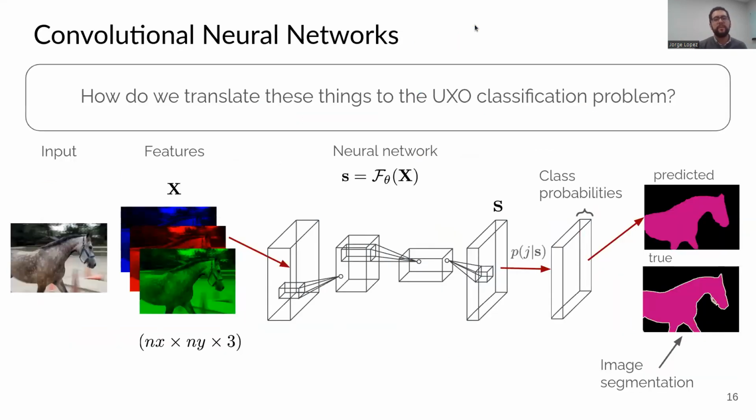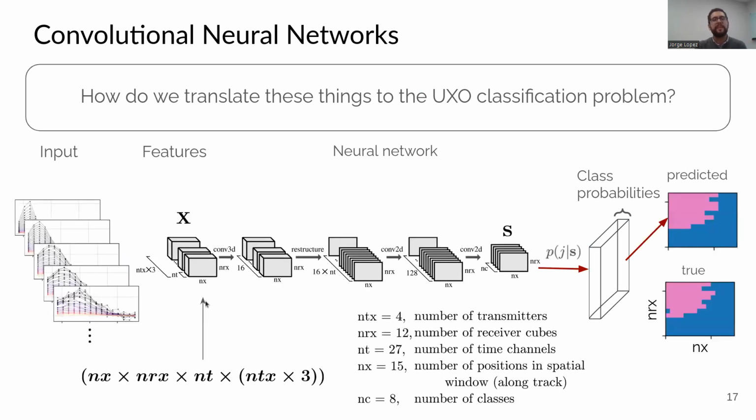And now we come back to the setup of the CNNs. How do we translate this data? How do we create the input of the CNN for this kind of electromagnetic data? We tried a bunch of different combinations. We ran many iterations on how to create this input, and we ended up settling for something that looks like this.